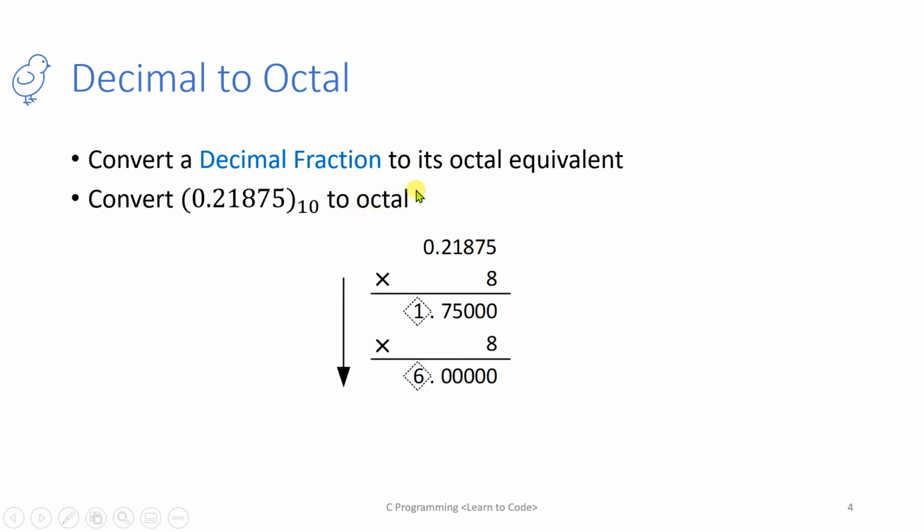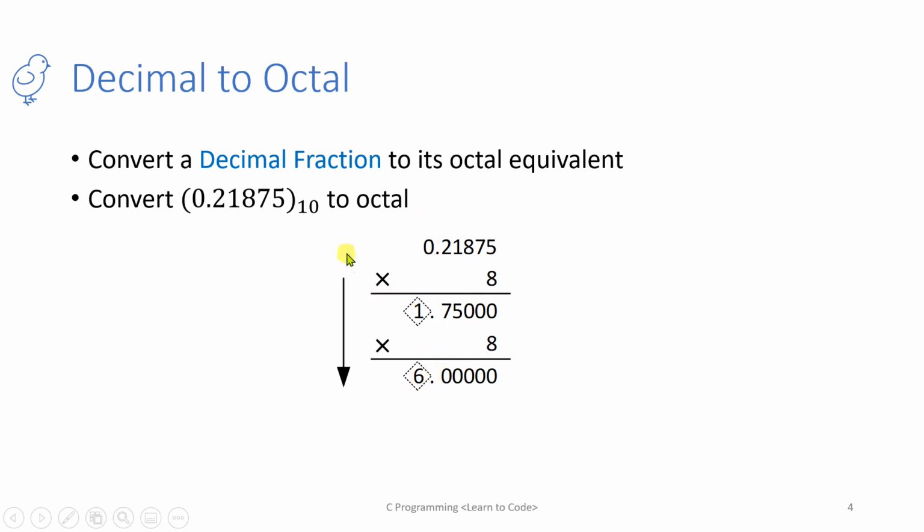In the previous class we were multiplying with 2, but now the given number will be multiplied with 8. Okay, any number that comes before the decimal point, we have to mark it, and for further multiplication we will use only the number which is present after the decimal point. So after the decimal point, what is the number? 75000. So 0.75000 will be multiplied with 8. Again, whatever result you get, the value which is just before the decimal point, we have to mark it.